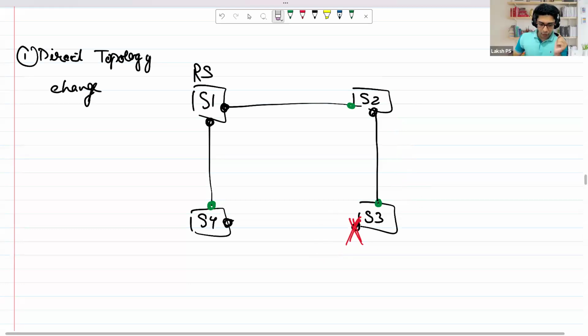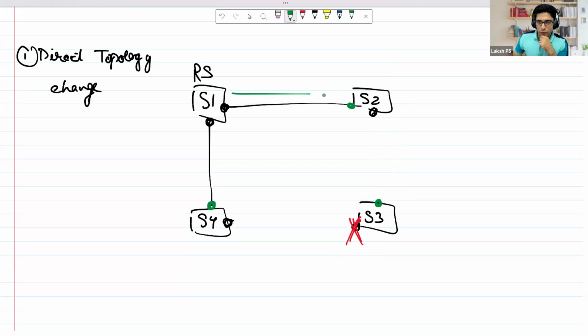Now, direct topology change. Let's imagine that for some reason the interface between switch 2 and switch 3 goes down. Now what is happening? Switch 1 forwards the BPDU to switch 2, but switch 2 is unable to forward. Switch 1 forwards the BPDU to switch 4.